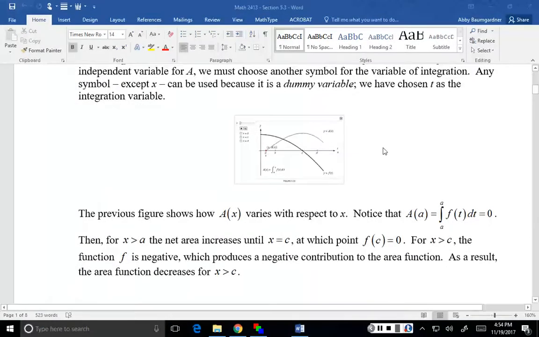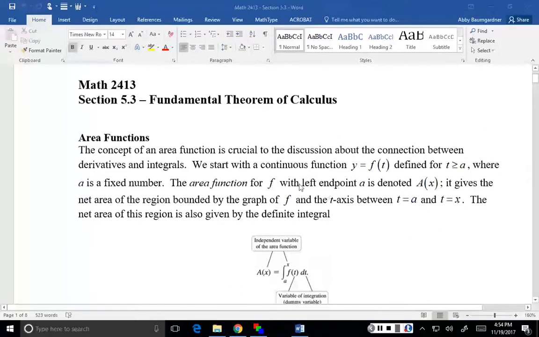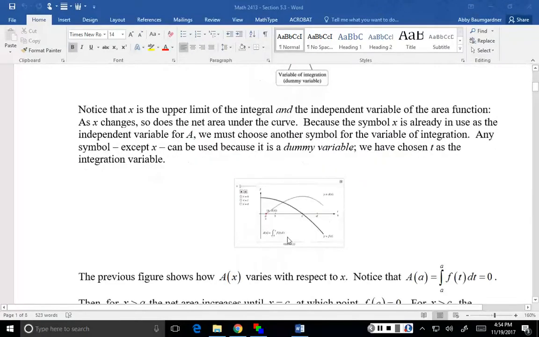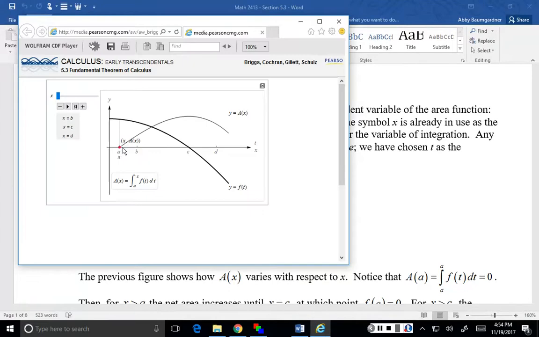All right, this next figure should relate the net area to our continuous function. So what we'll see happening here is this continuous function, which is f of t, the darker function here, and we're going to shade under that function.